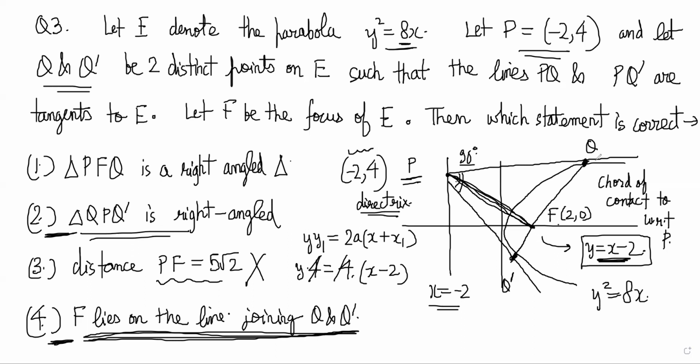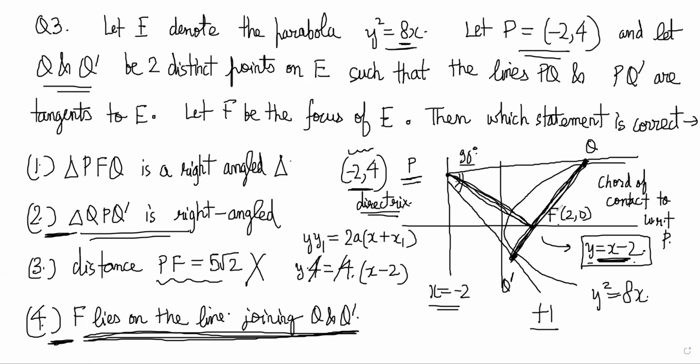Both of the points lie on a focal chord, and their intersection point is this, the intersection of the tangents at the endpoints, right? So what we can do here, I just want to check the slope of PF, right? Actually it is pretty easy because we know the slope of this line. The slope of this line is +1 because y is equal to x minus 2, right? We just have to check the slope of PF. Let's check the slope of PF.